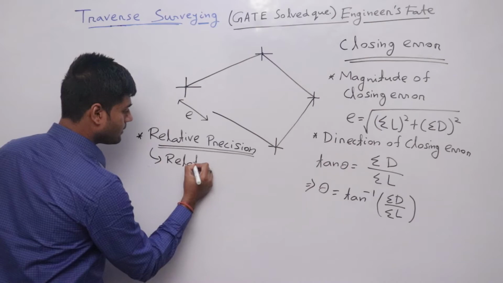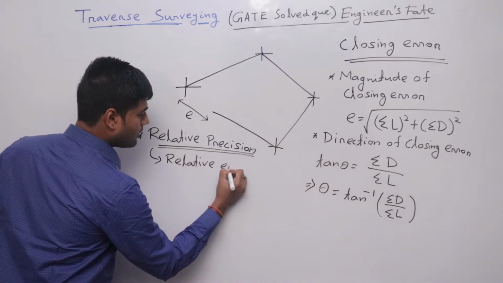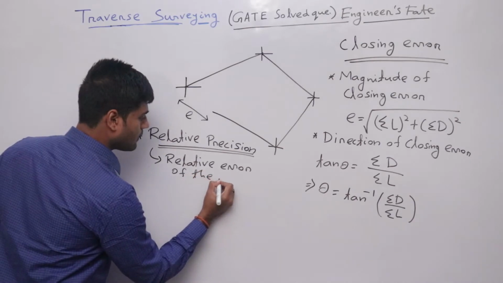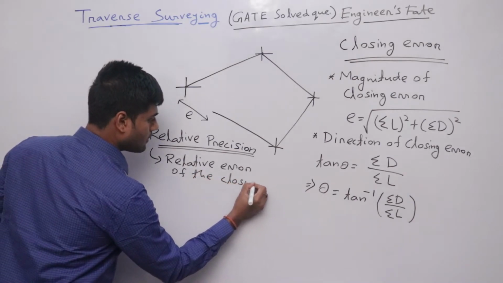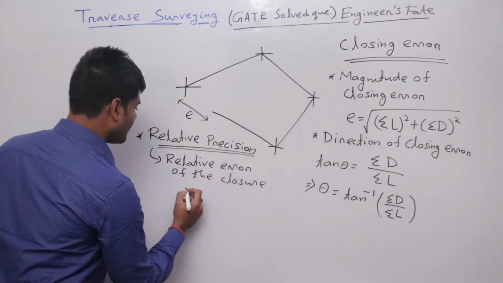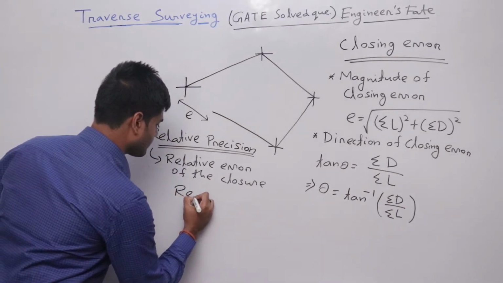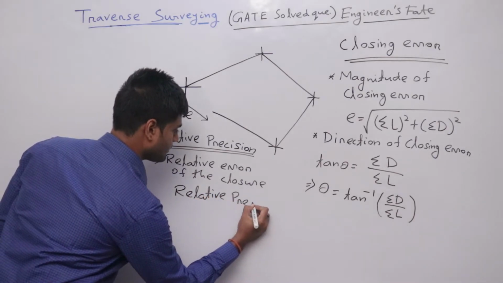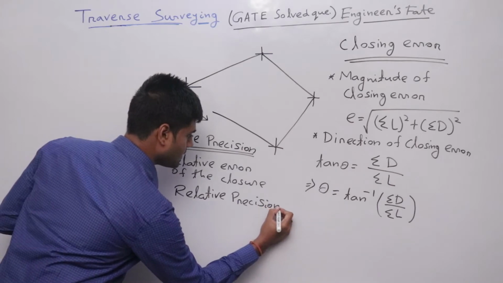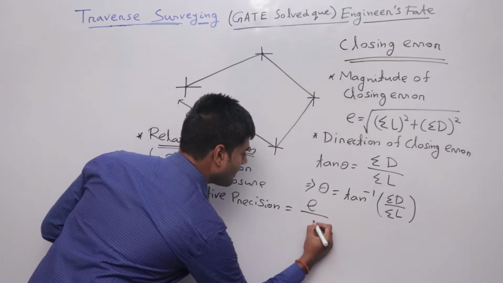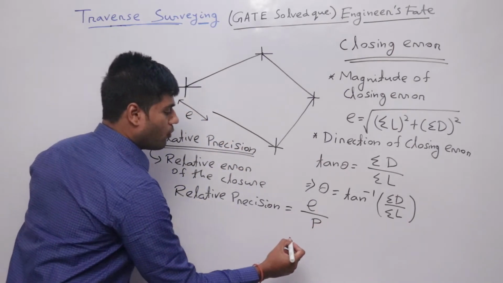Relative error of the closure is denoted as relative precision and is given as error E divided by P. What is P?